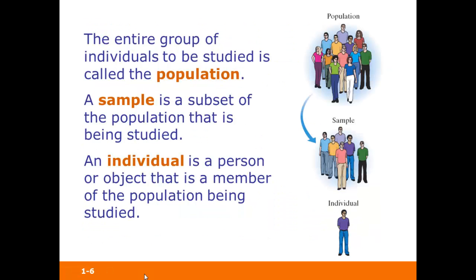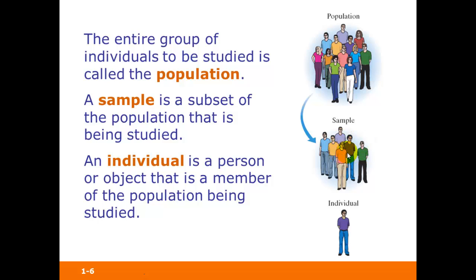So when we talk about a population, this would be the entire group that we're interested in finding out information about. This is usually some type of large group, and for the most part it's going to be too expensive or too time consuming to get information about the entire group. So if that's the case, we select a small group out of our population, and that's called our sample.